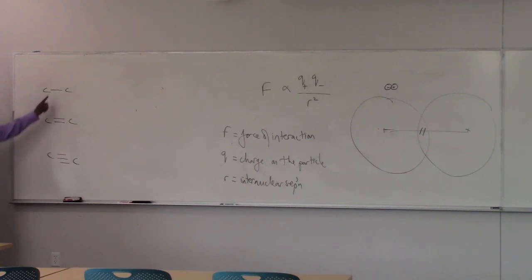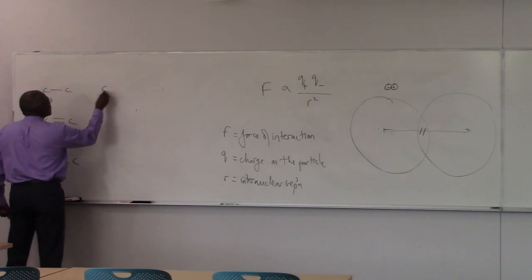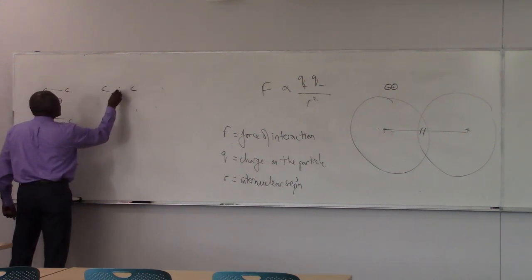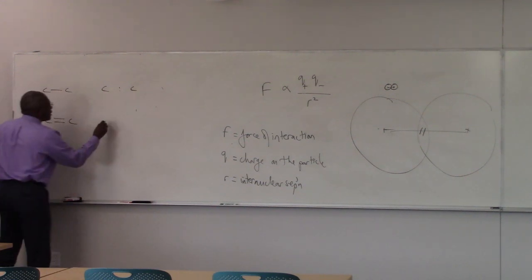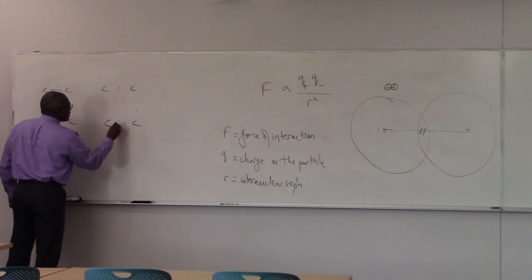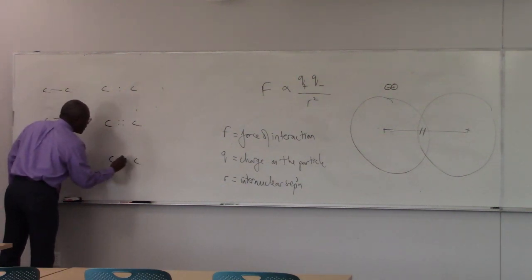Great. Every bond represents 2 shared electrons. So what this really means is that between these 2 carbon nuclei, there are 2 electrons in that bond. Between these 2 carbons, there are 4 electrons. Between these 2 carbons, there are 6 electrons.